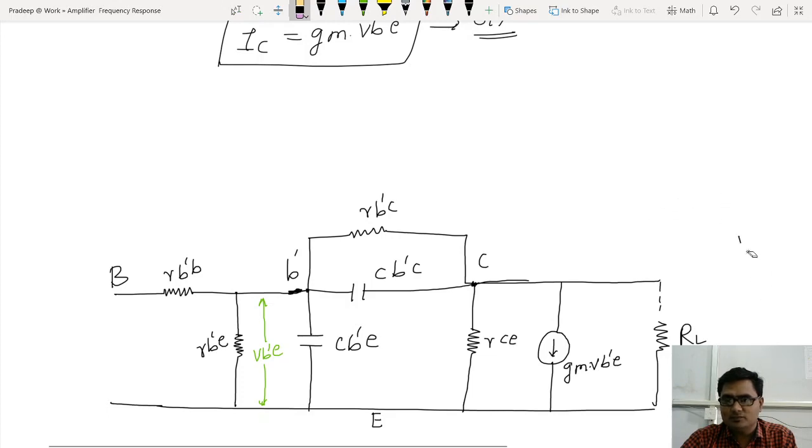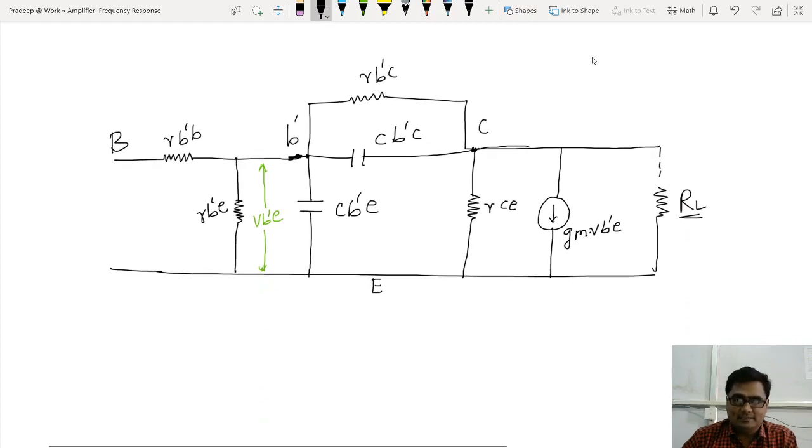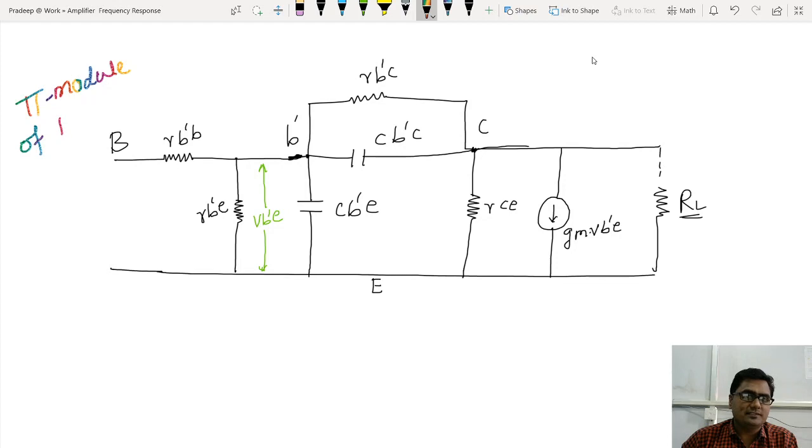Let me change the pen and write: this is the pi model of a transistor.